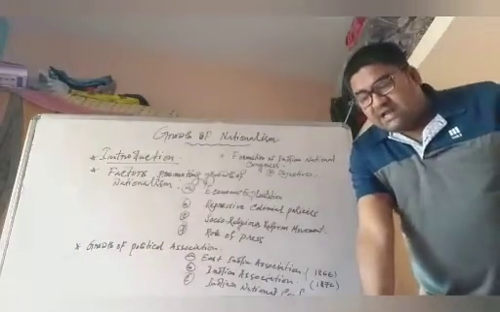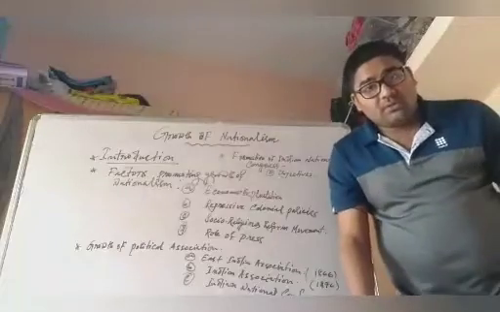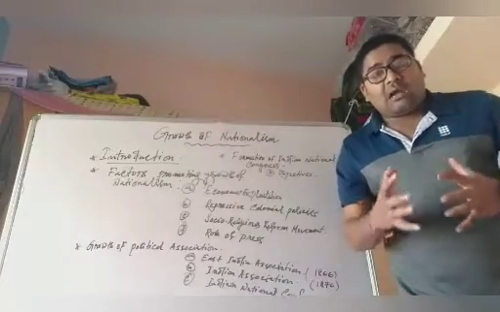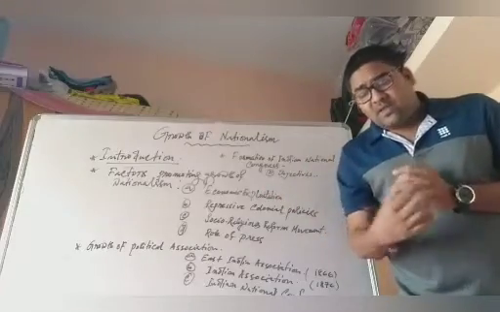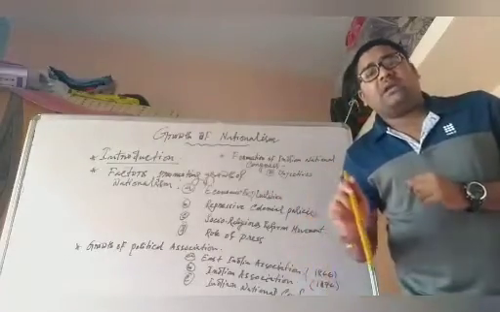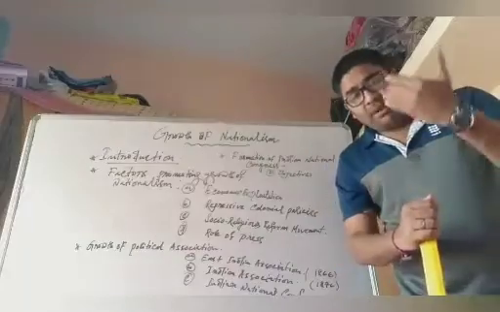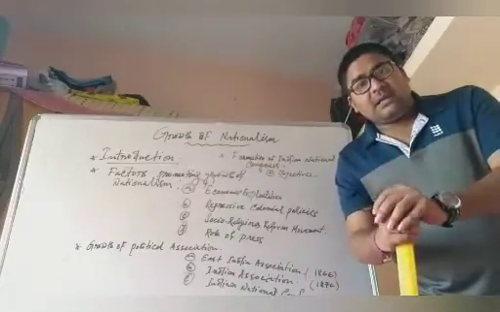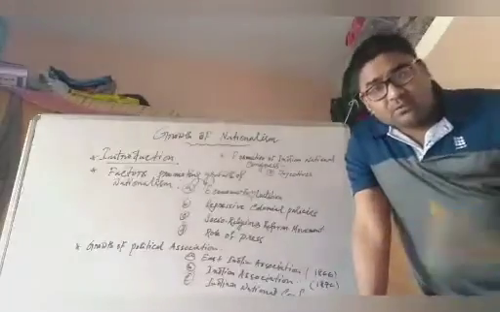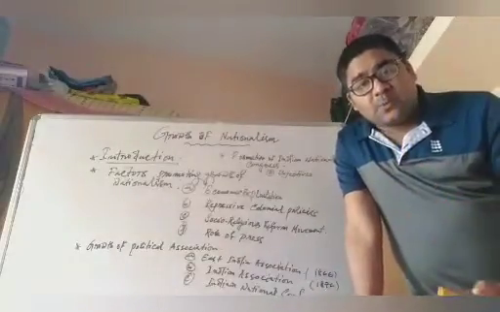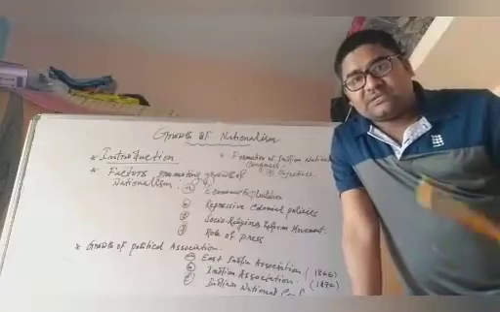Next, number two, the craftsmen and artisans. They were also ruined and became unemployed. They lost their ancestral business. How? When the British established their political control over India, they forced India to export raw materials for British industry.